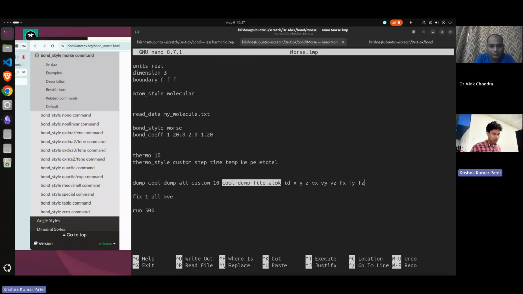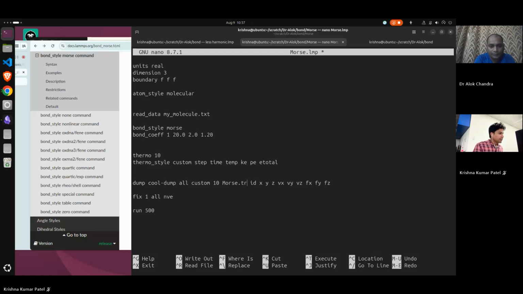So I corrected that, removed fzo because that is not a recognized variable. And then I'm going to rename it to something nice. Let's just call it Morse.trj. That's the way to write it, trj, so in the future we know this is a trajectory file.